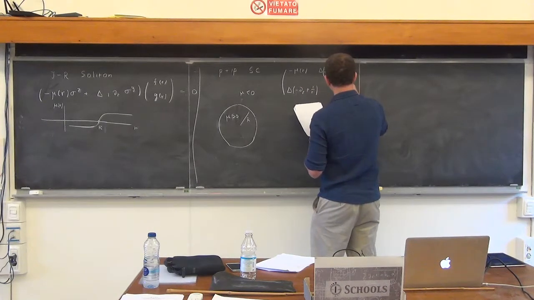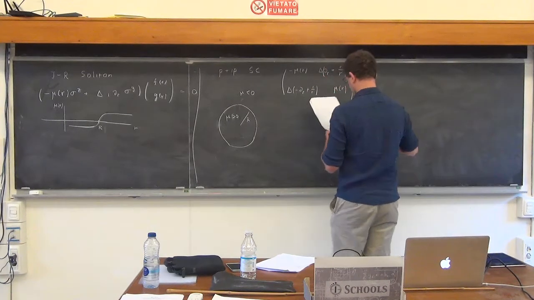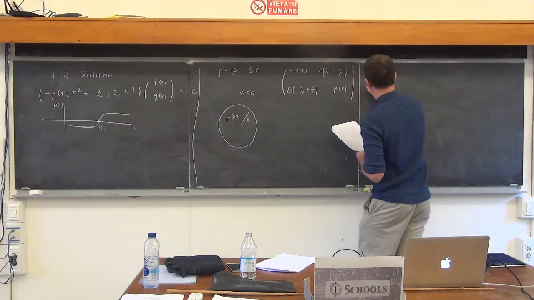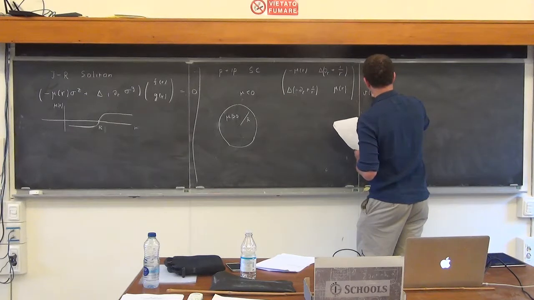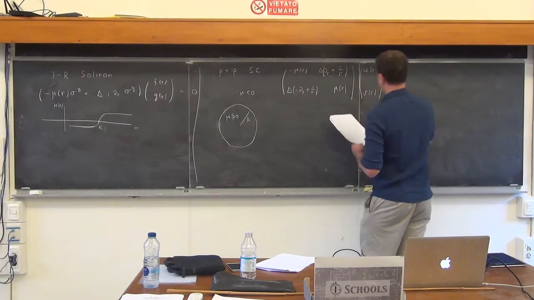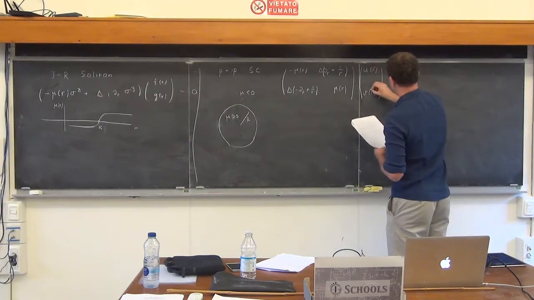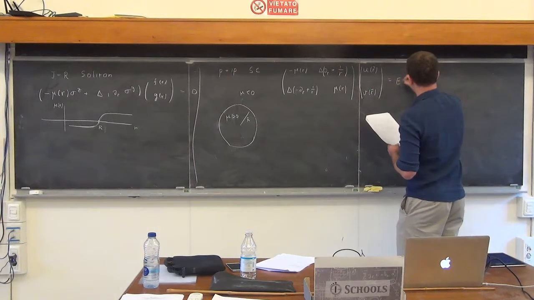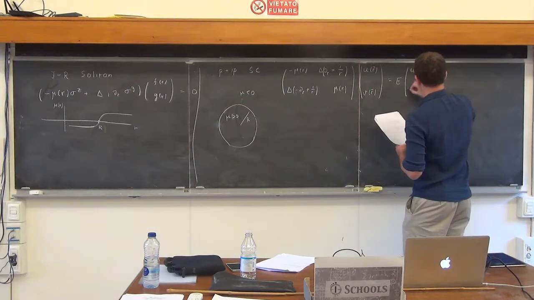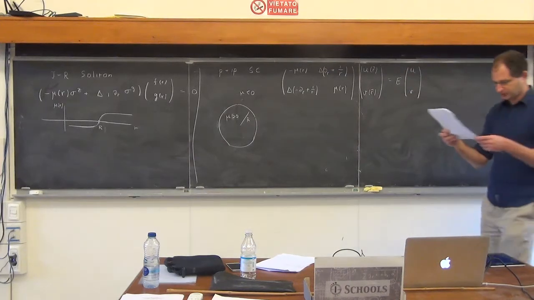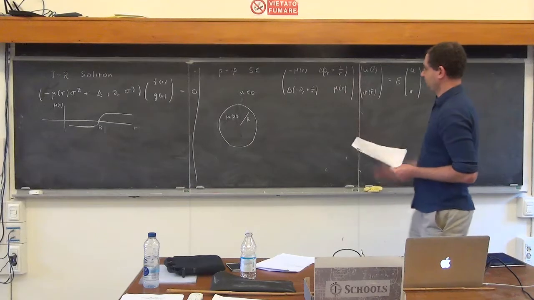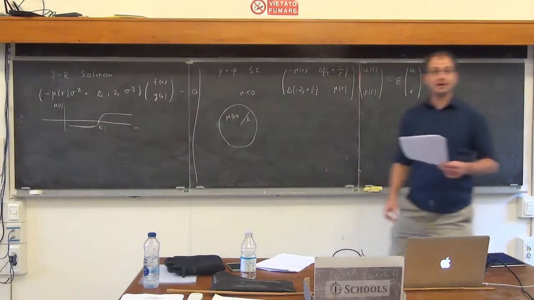And here there was a plus mu of r. And then we have this spinor, u and v, both functions of r and theta, that's equal to E times u and v. What we found was that you could find solutions that are localized at this boundary.